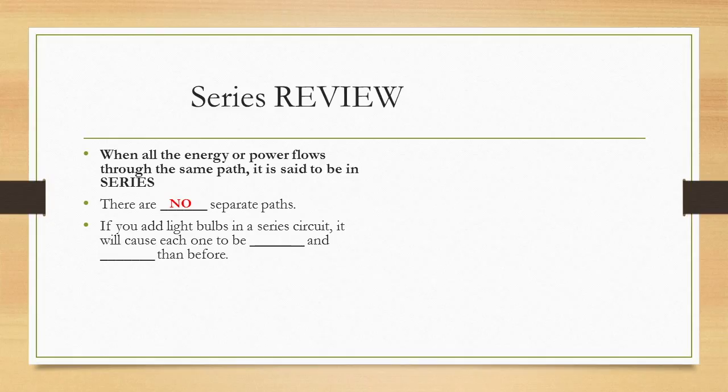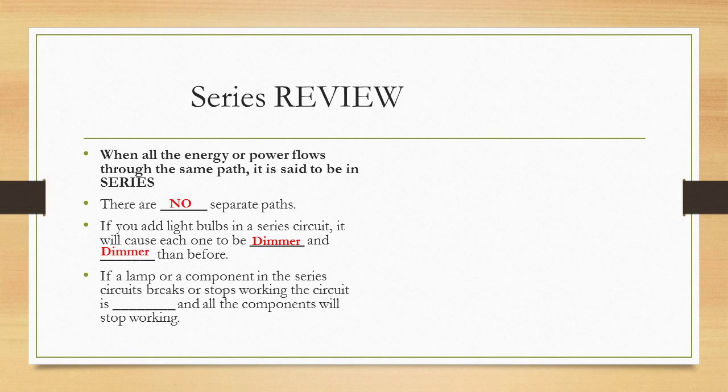If you add a light bulb in a series circuit, it will cause each one to be blank and blank than before. So if we think back, as we add more light bulbs, each one will be dimmer and dimmer than before.